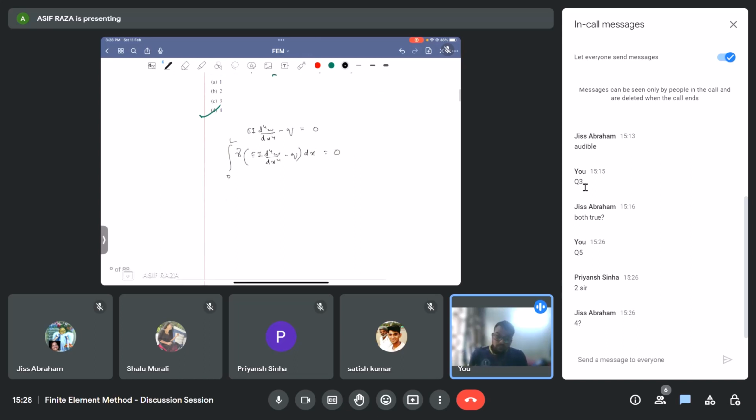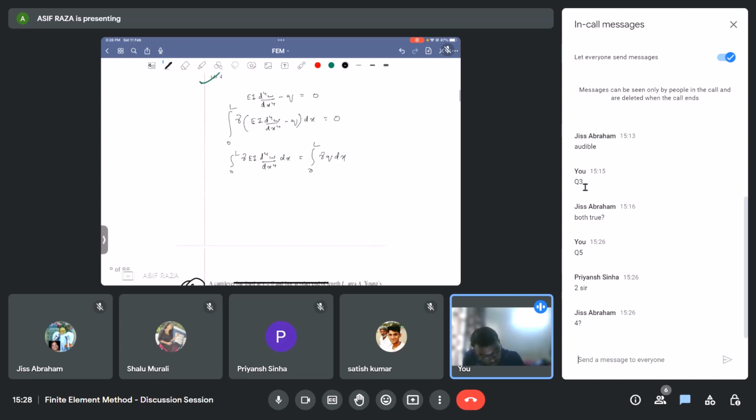Now we apply integration by parts. So first let's do this step by step so that you guys don't have any problem. I'll just divide this: integral from 0 to L of gamma EI d4w by dx4 dx equal to integral from 0 to L of gamma Q dx.